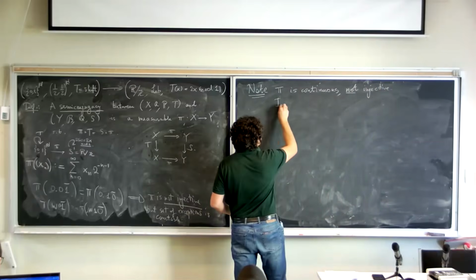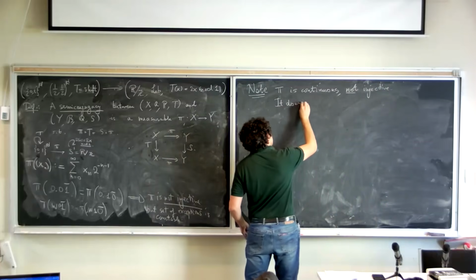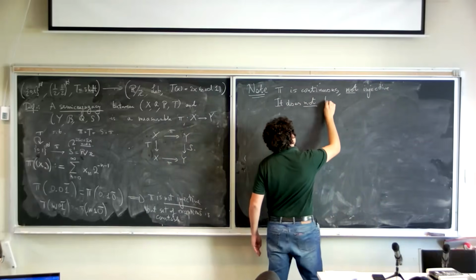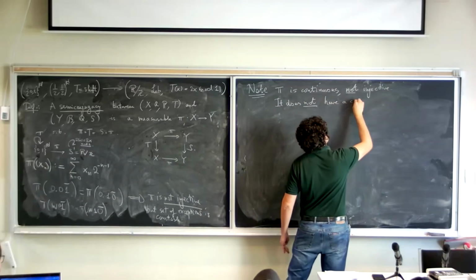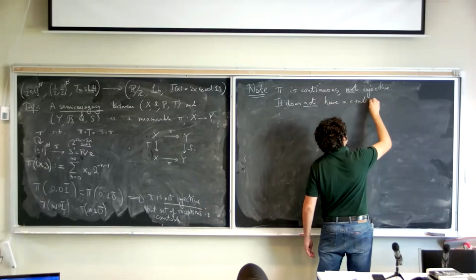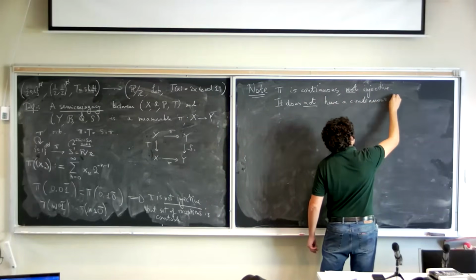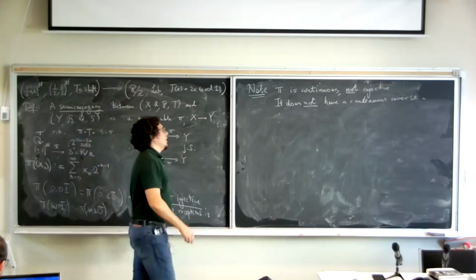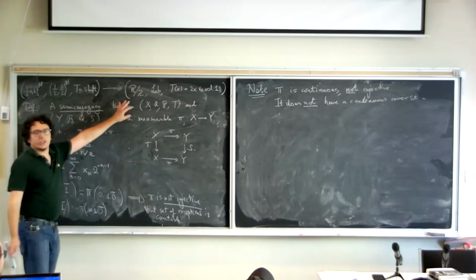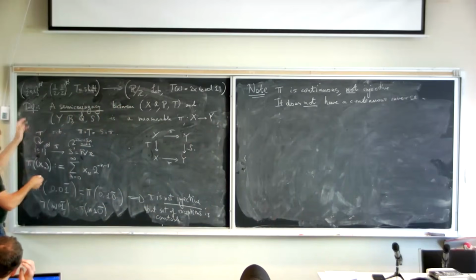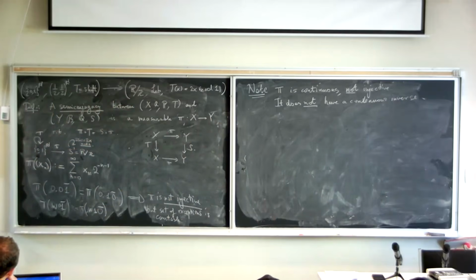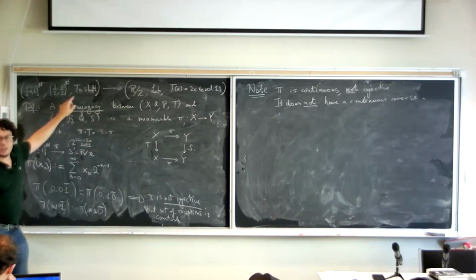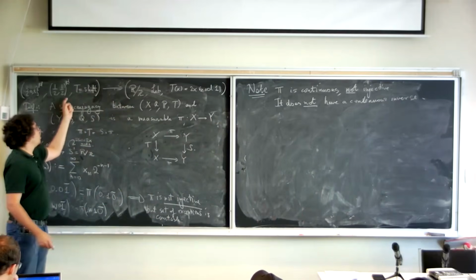It does not have a continuous inverse precisely for this reason. If you're in the field of topological dynamical systems, which would be the same thing except the maps are continuous and the spaces are topological spaces, then these two systems will be different. One has more points.